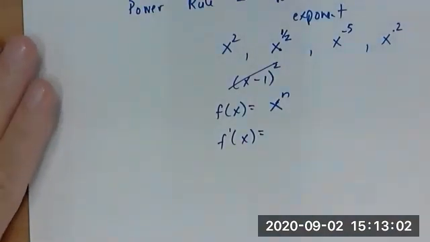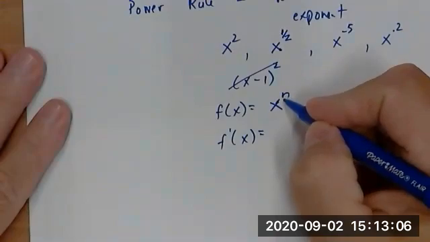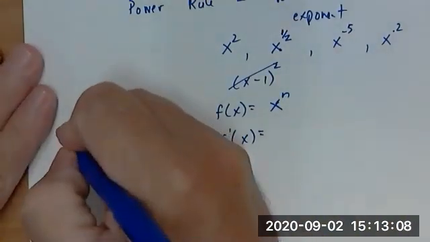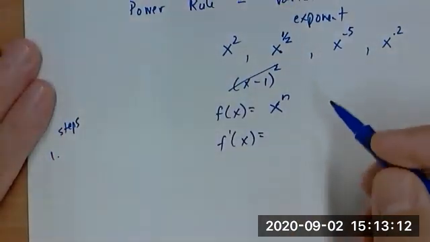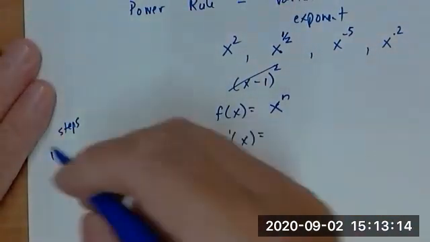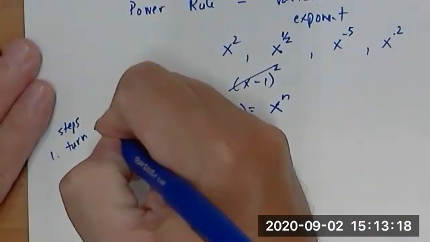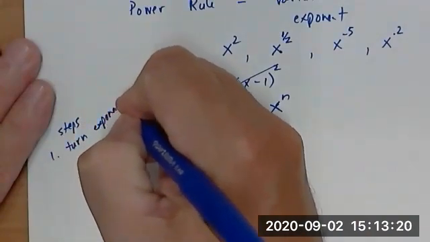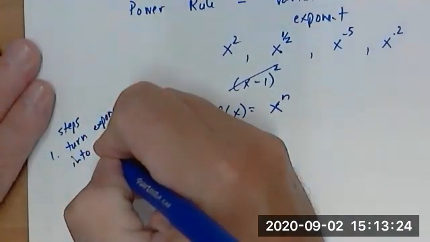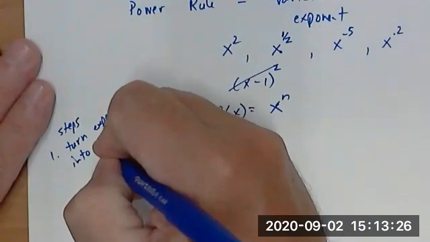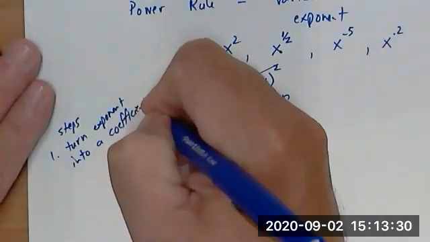The power rule says you take your exponent, maybe I can even give steps. Turn the exponent into a coefficient.